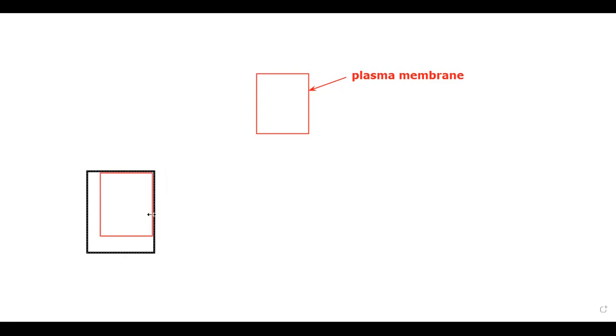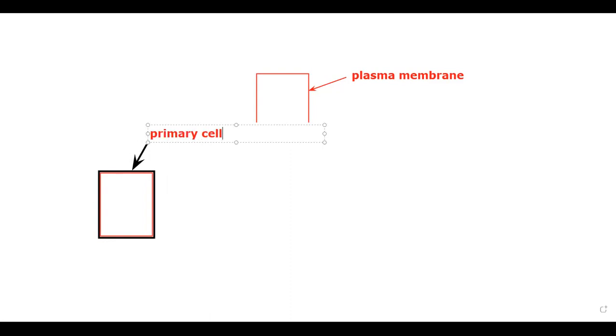This cell wall is called the primary cell wall. Now in this picture, what is the red color line? Plasma membrane. And what is outside the plasma membrane? Primary cell wall. Clear?